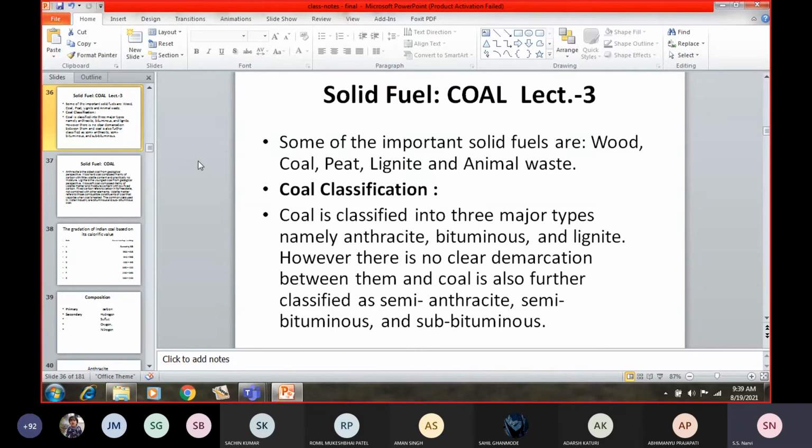So in lignite, the decay that started at the stage of peat, more decay has taken place, but still lots of the larger wood structure is there. And then the third stage of coalification is the formation of bituminous coal.